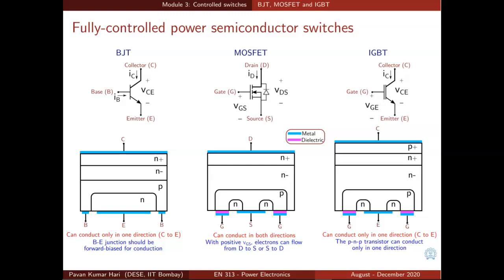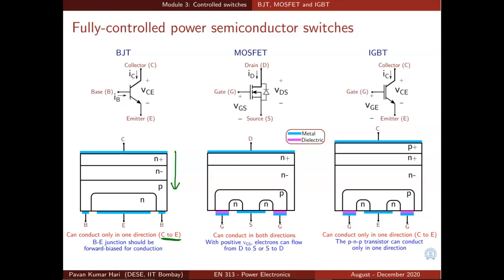As we all know, a BJT cannot conduct in reverse direction. So that is what is mentioned here. It can conduct only in one direction. Collector to emitter, the current can flow. Why? Because the base is thin and lightly doped, emitter is heavily doped, and collector is moderately doped in a BJT.